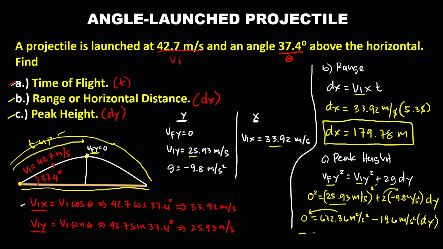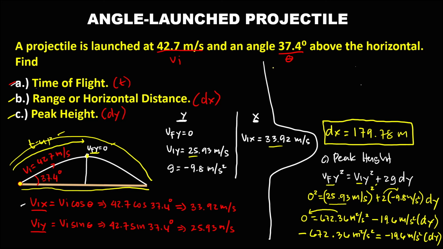So this becomes negative 672.36 meters squared per second squared equals negative 19.6 meters per second squared times the dy.